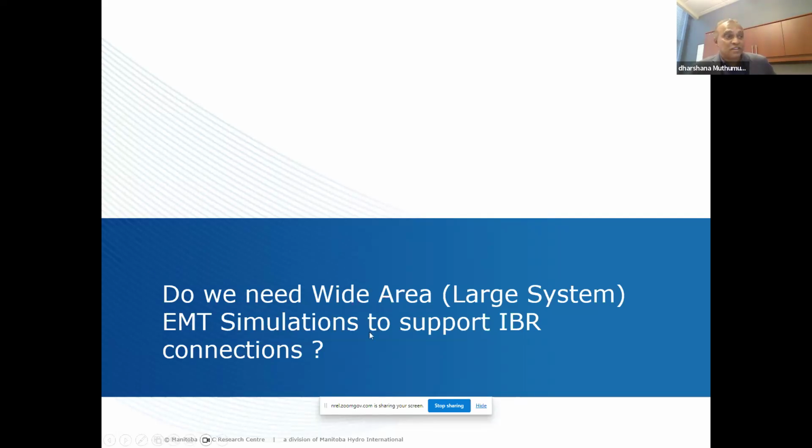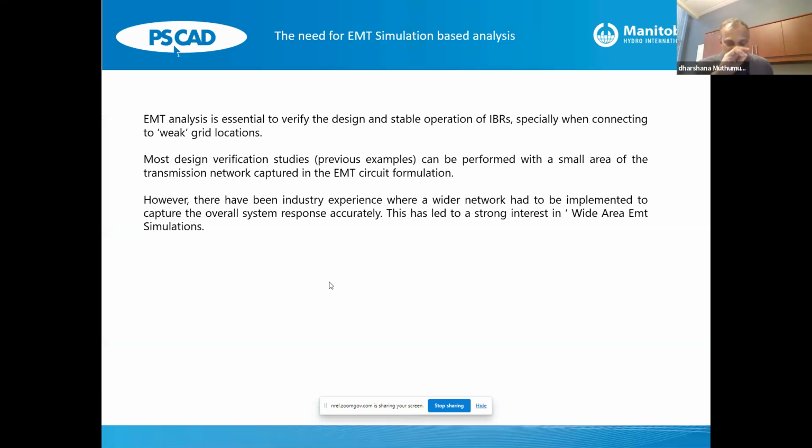Like, I'm also not convinced. I think you don't need to model the entire country or whatever to capture issues. If you know what you're looking at and with your experience, you can identify issues by capturing a relatively large area. So there are enough examples to show that if you don't capture a relatively large area, you may miss identifying certain issues.